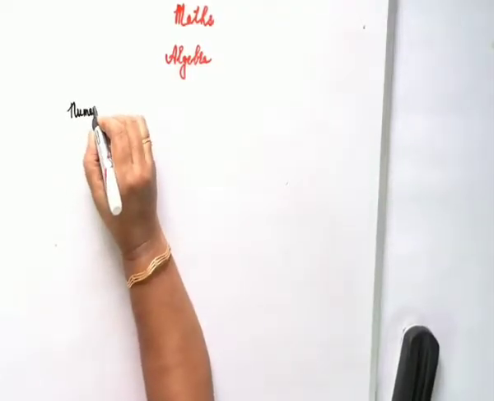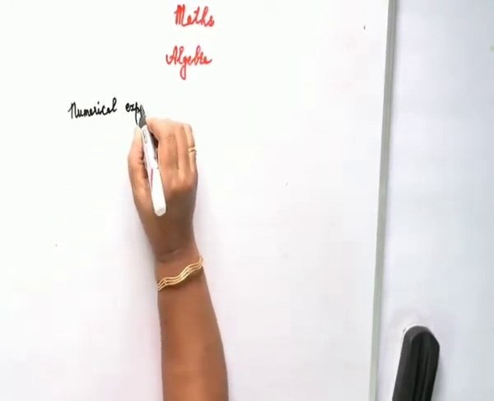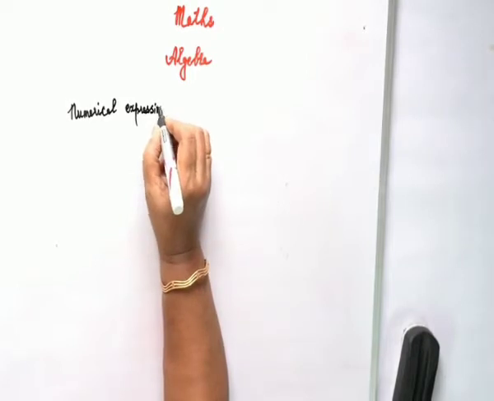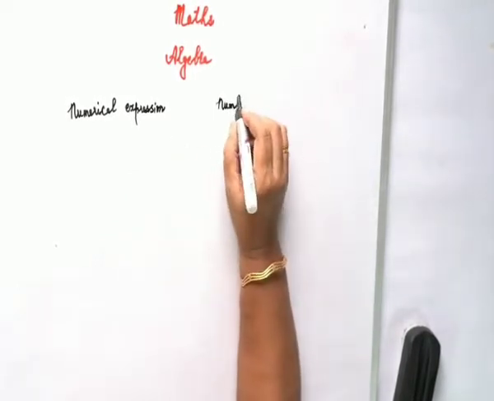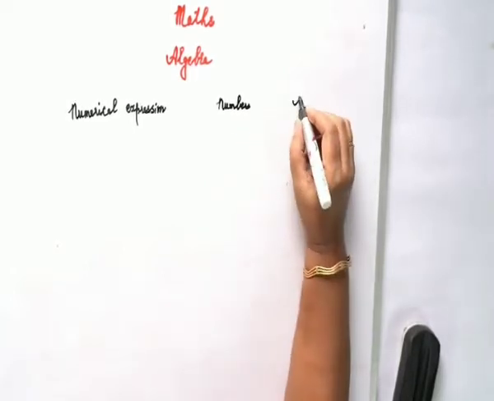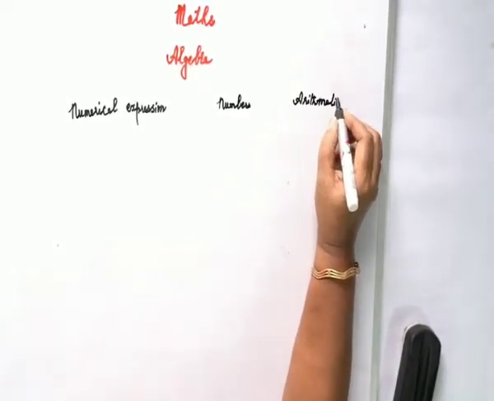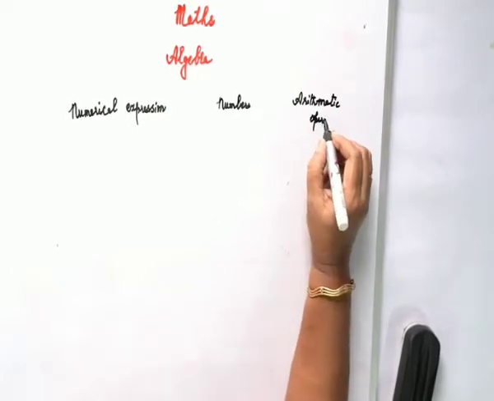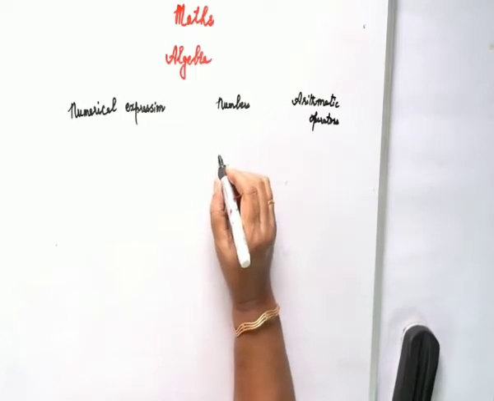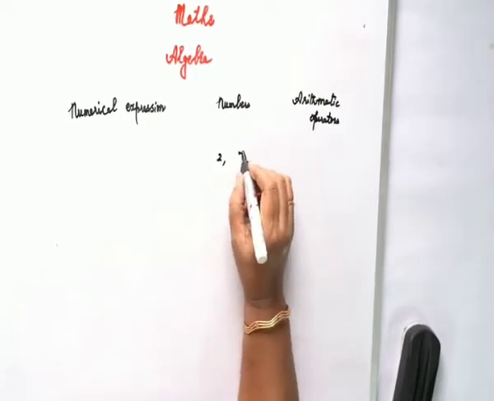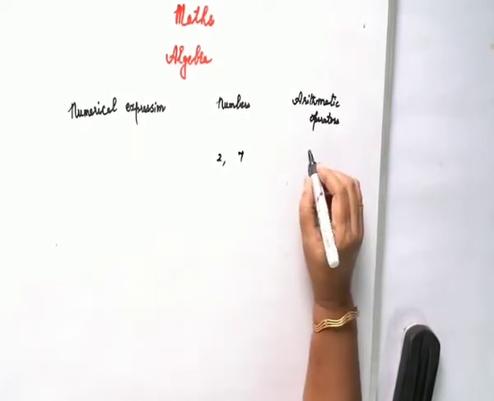Now we will see numerical expression. Combination of numbers and arithmetic operators form numerical expression. Let us see by example. Let me take two numbers 2 and 7, and which are the 4 arithmetic operators?